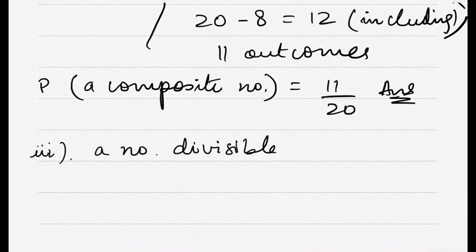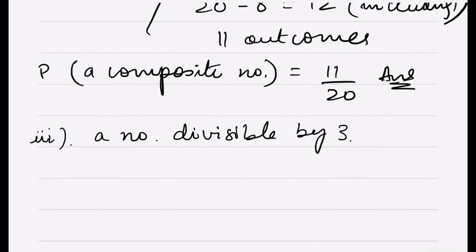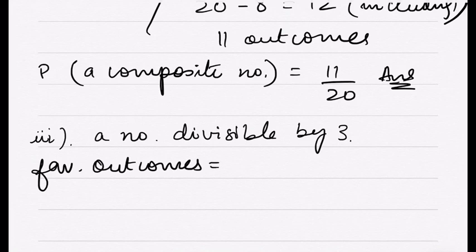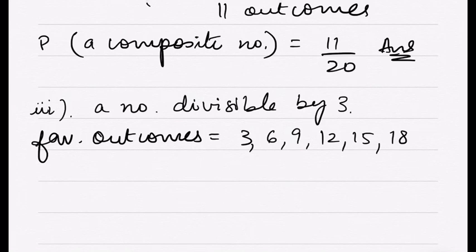Okay, now third part. The third part says a number divisible by 3. Let's see our favorable outcomes. It starts from 1, but divisible by 3 means it will be 3, then 6, 3 3s are 9, 3 4s are 12, all multiples of 3, 3 5s are 15, 3 6s are 18, then 3 7s are 21.